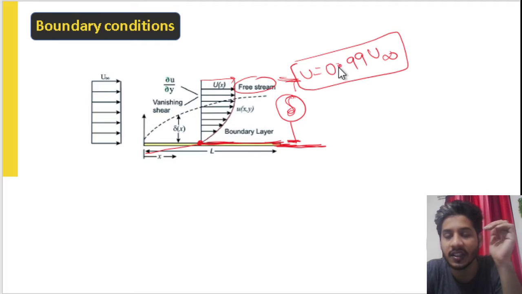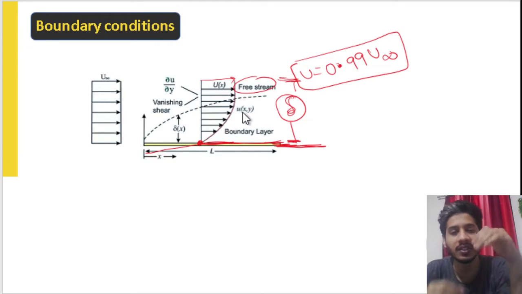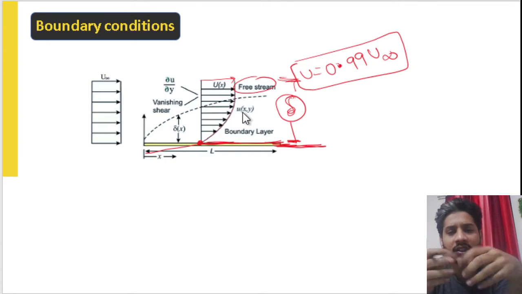We consider it at that value because there are some losses, like the losses in the pipe in the flow we have studied. Similarly, outside the boundary layer, there is some 0.01% of the fluid which is sticking to the surface, or there is some other loss.